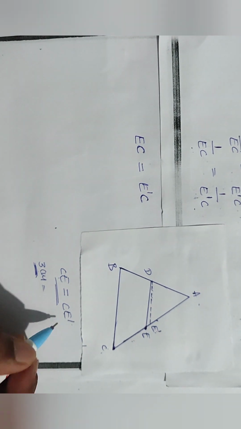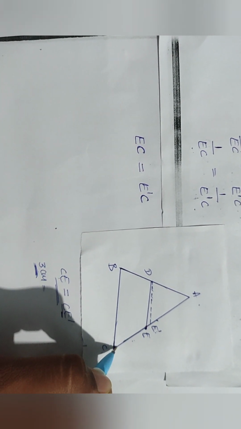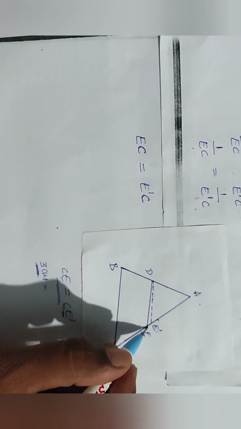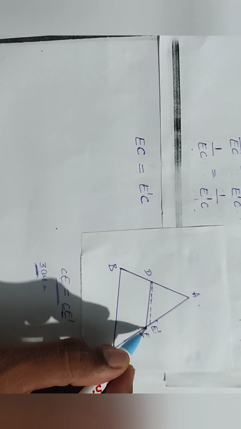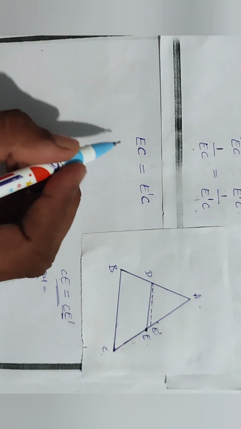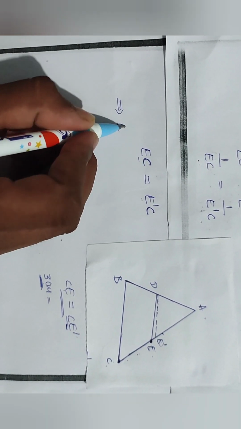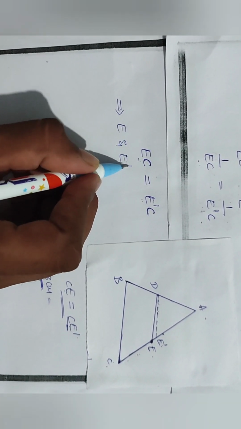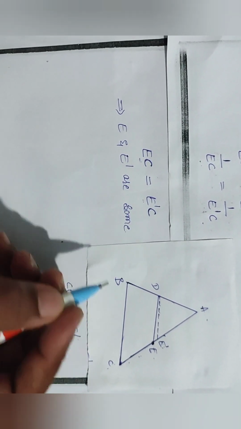Again if you want to mark point E dash from C in the same direction, you get the same point, which means the 3 centimeter from C for both E as well as E dash is the same point. So this statement gives you that E and E dash are the same.